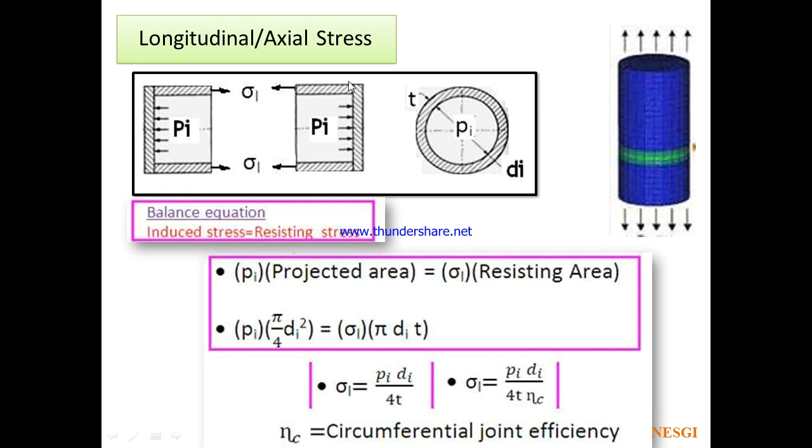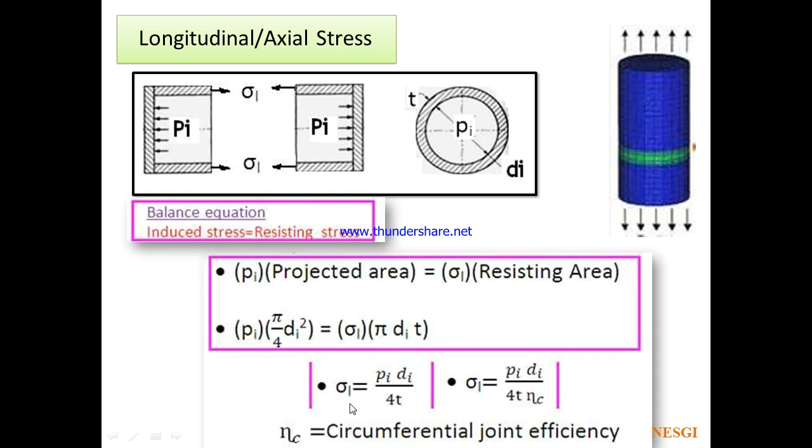This is a circular cross section, so the projected area is pi by 4 into Di square. Pi into pi by 4 Di square is equal to the resistance force, sigma L into the resisting area. This resisting area is calculated using the formula pi Di into T.